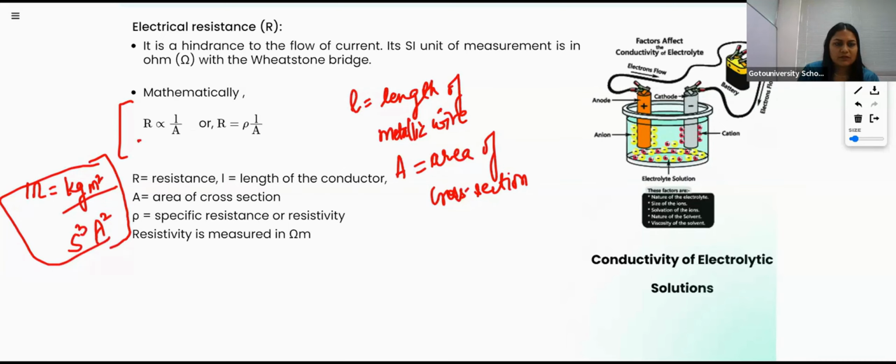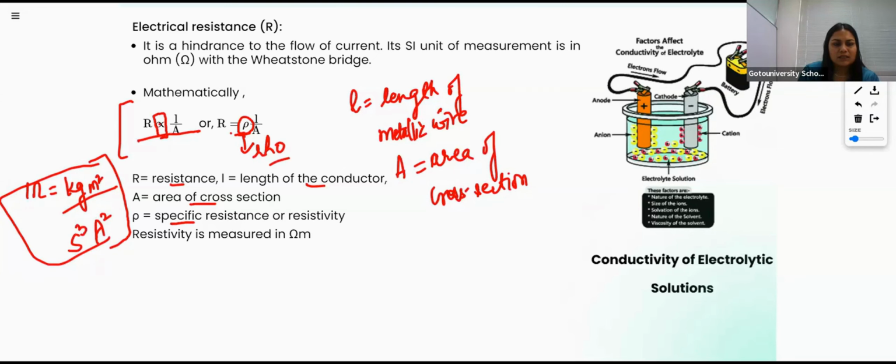If we look at this relation, R is directly proportional to L by A, where R is the resistance, L is the length of the conductor or say metallic wire, and A is the area of cross section. Now if we remove this proportionality sign, we use one proportionality constant, which is known as rho.